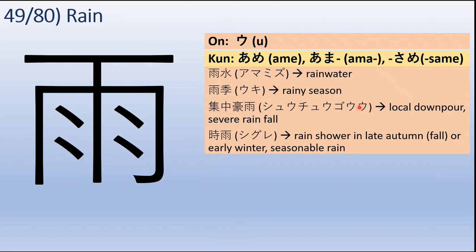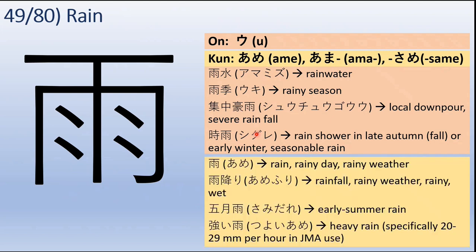We have Shuchugo. Shuchugo is local downpour or a sudden severe rainfall. Then we have Shigure, which means rainwater in late autumn or fall or early winter or seasonal rain. Then we have Kunyomi Ame as rain, rainy day or rainy weather. We have Amefuri.